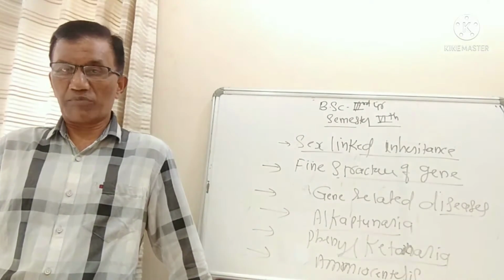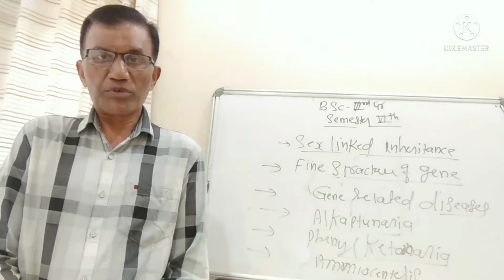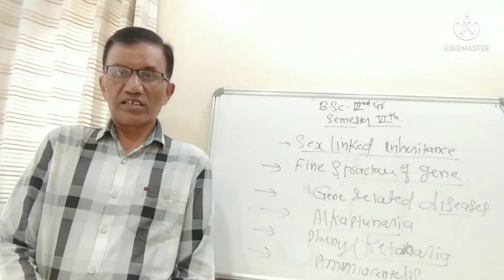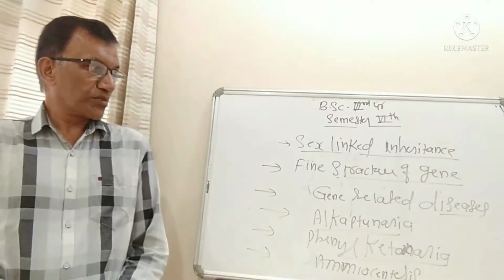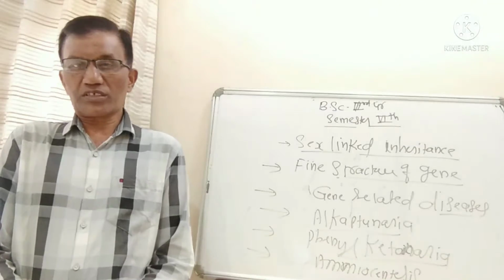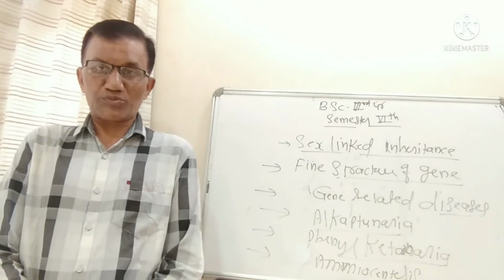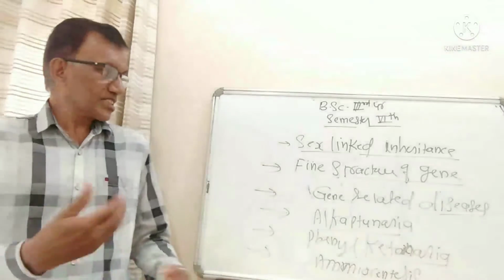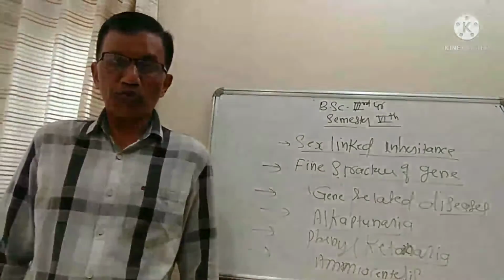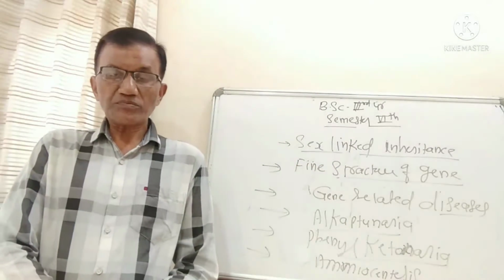One gene, one enzyme hypothesis: for a particular characteristic, a particular gene is responsible. The genes consist of a number of alleles. Later on, there was one more concept, that for a particular characteristic more than two genes are responsible. These are some of the important characteristics explaining the fine structure of genes.